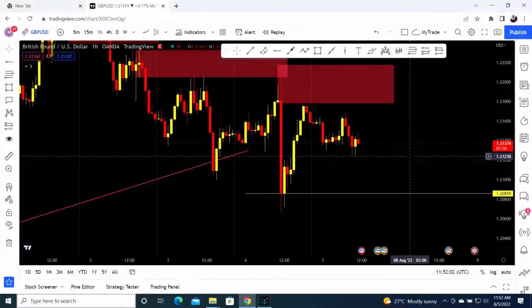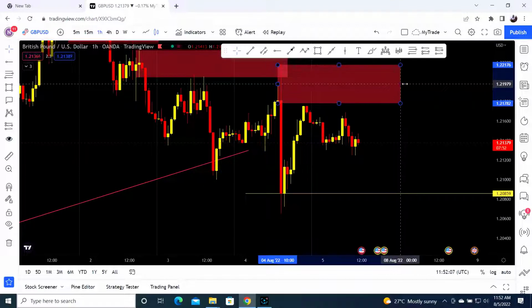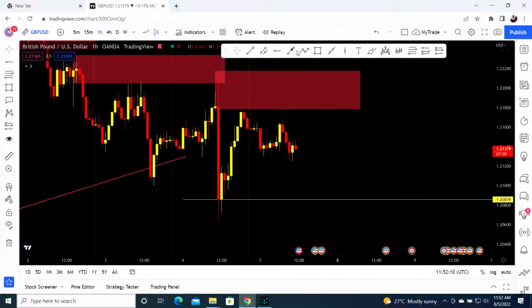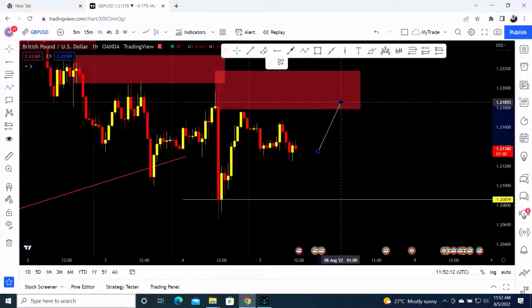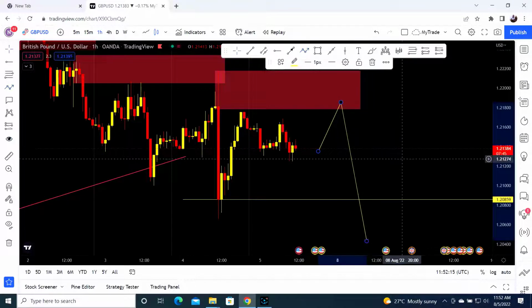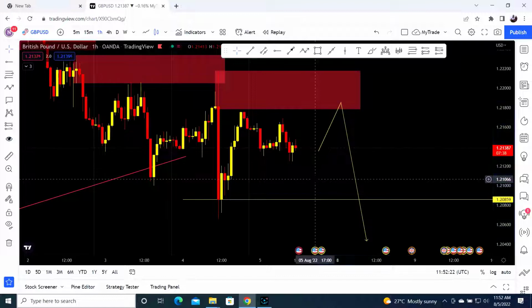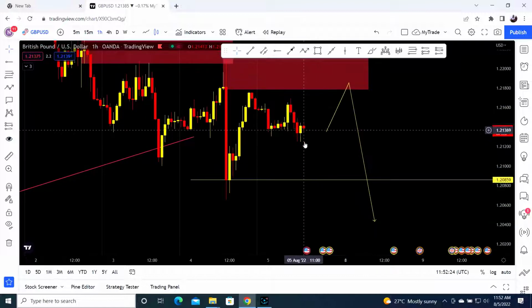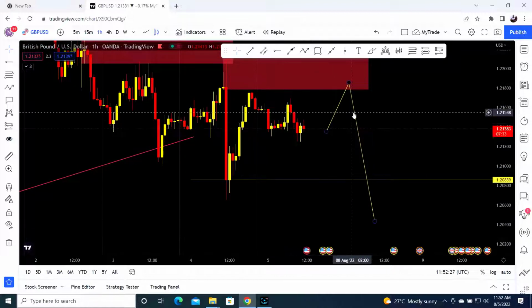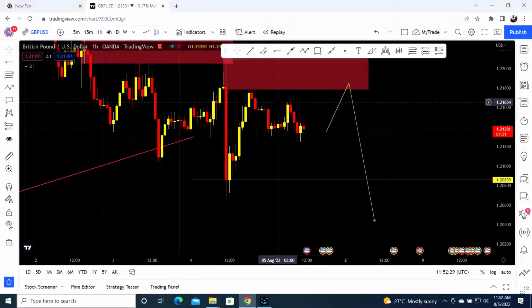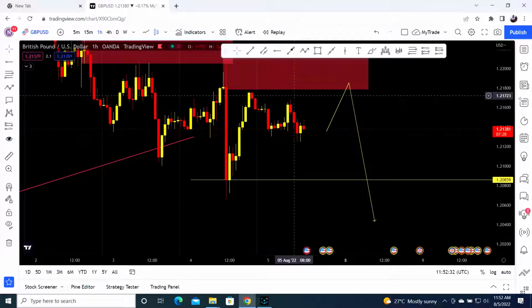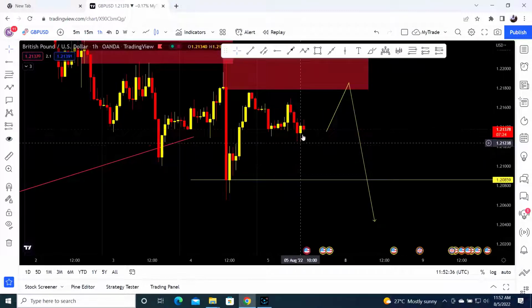If the bearish trend is still to continue, then we expect that price should at least trade to this zone and come to the downside. This is an analysis projection. Price may also decide to just come and break this, so you have to be ready. Price may decide to just come straight and break the low here. So there are two options.